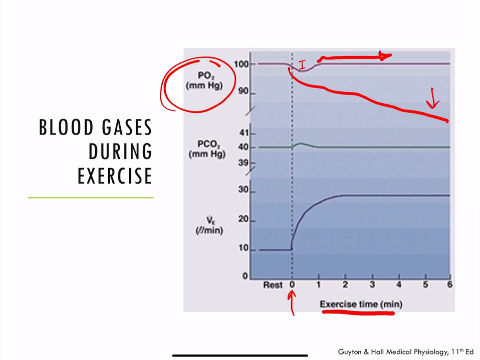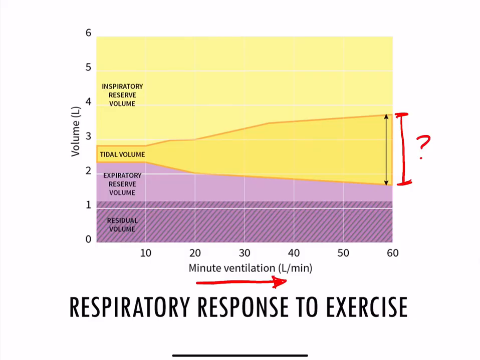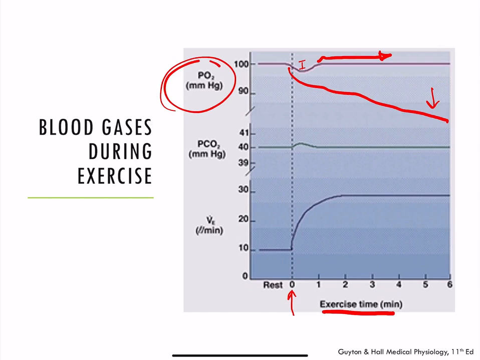So a drop in oxygen cannot be the stimulus for the pulmonary response, because the response gets bigger over time, right? At greater intensities, you get a greater and greater respiratory response. But if you look at what's happening to our PO2, it's unchanged.